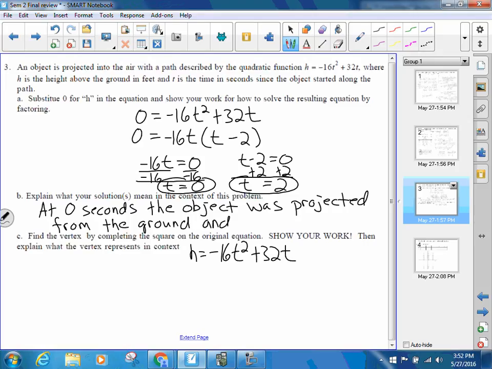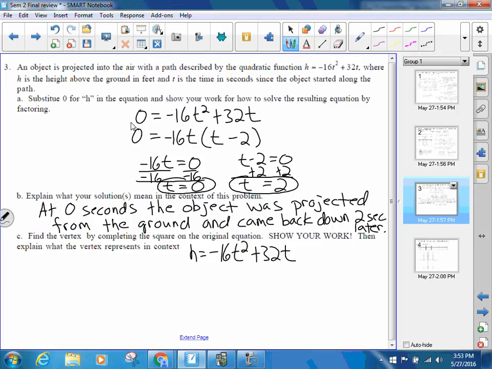And came back down 2 seconds later. Okay, so at 0, that's when we started. We projected this thing into the air. It was in the air for 2 seconds before it came back and hit the ground.